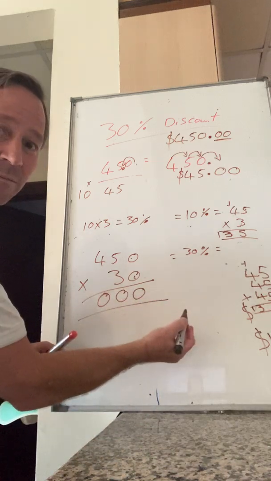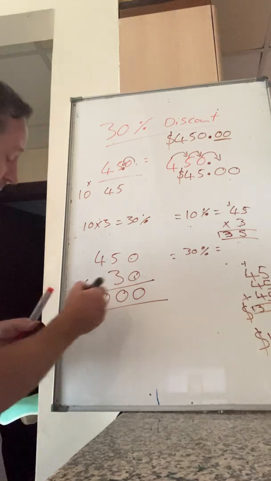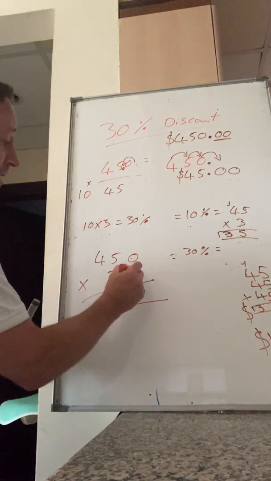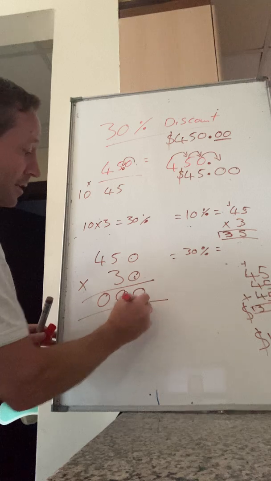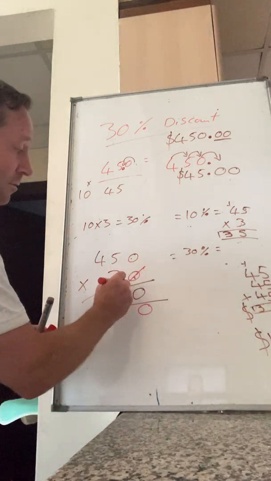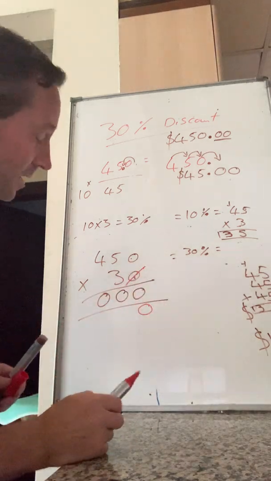See, waste of time. And now because I've finished with the ones place, I'm actually going to put a 0 down there. I might want to cross that out if that will help, doesn't really matter.